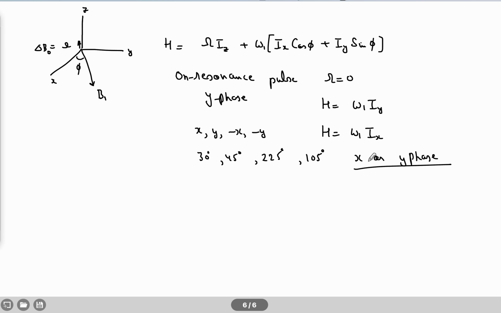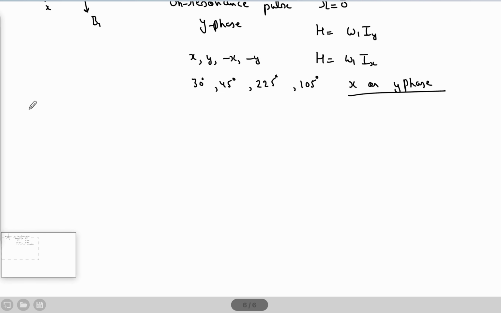Okay, now let us say that you want to understand the effect of an RF pulse. So as of now we know what the Hamiltonian is during an RF pulse, right? But now let's say you want to understand the effect of an RF pulse on the evolution of the density matrix, right? As we have learned, density matrix evolution is important to understand how an NMR experiment is proceeding. So now you want to understand the effect of an RF pulse. So let's say an RF pulse is expressed like this.